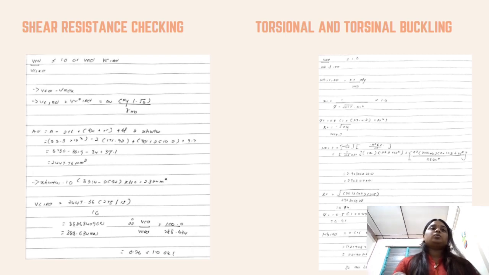So equals 2963065.22 Newton, simplified to 29630.7 kilonewton. So the λ calculation: square root of 58.73 times 10 to the power of 2 times 275 divided by 2963065.22 equals 0.74.